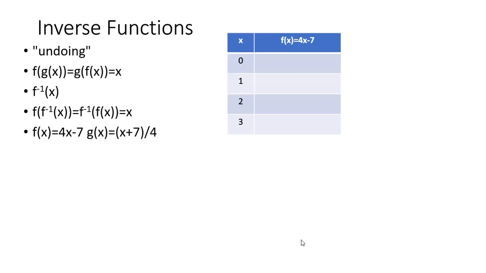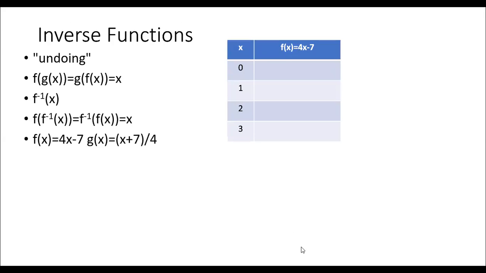We have this function f of x, and we're going to plug a couple of values in here. So we have f of x is equal to 4x minus 7. If we plug 0 in, it's 4 times 0 minus 7, which is 0 minus 7. This is -7. If we plug 1 in, 4 times 1 is 4, minus 7 is -3.